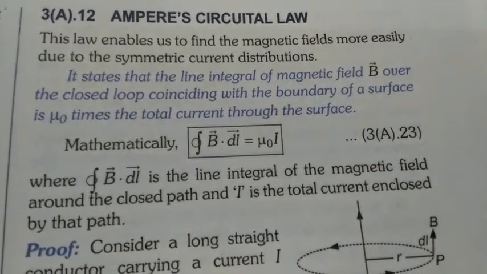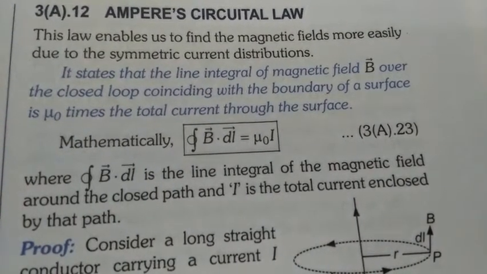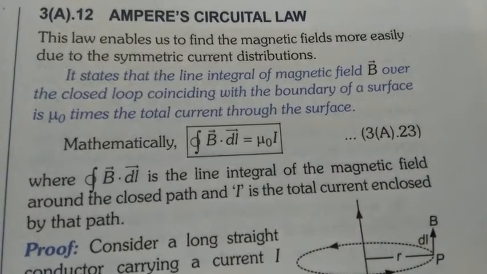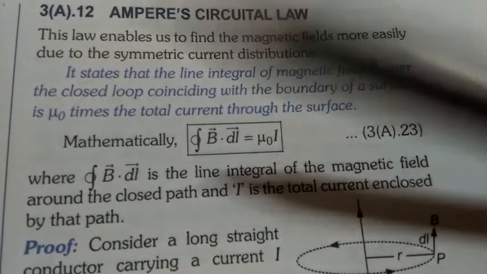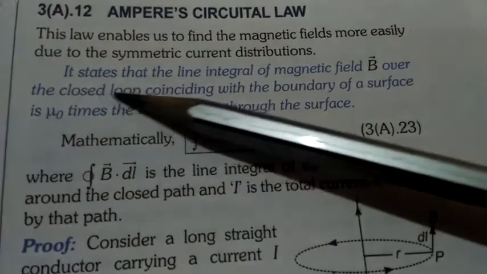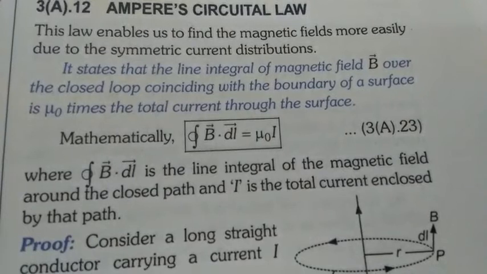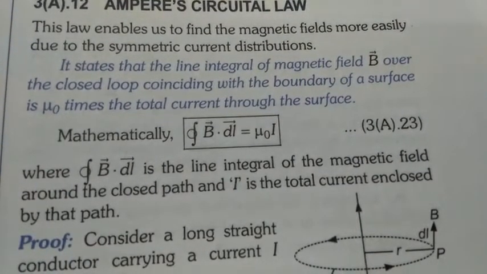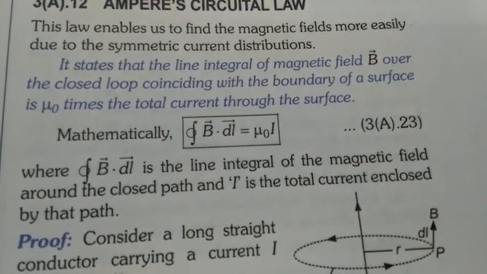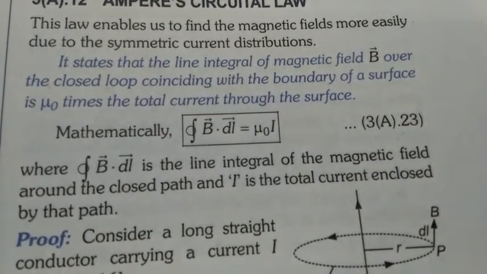So Coulomb's law is similar to Biot-Savart law, and Gauss's law is similar to Ampere's circuital law. Now see the statement. It states that the line integral of magnetic field B over the closed loop coinciding with the boundary of a surface is mu naught times the total current through the surface.